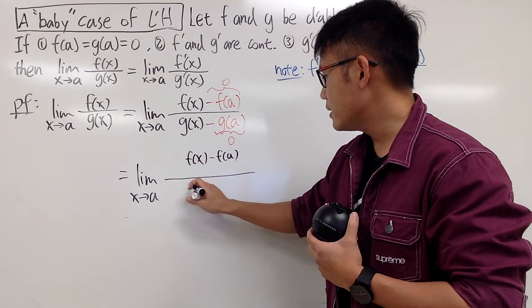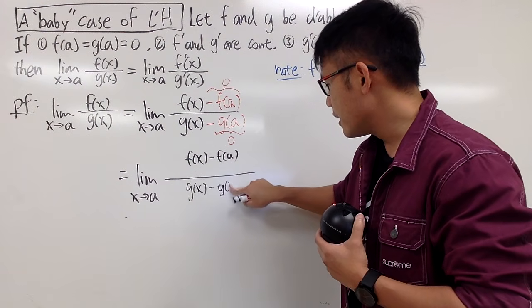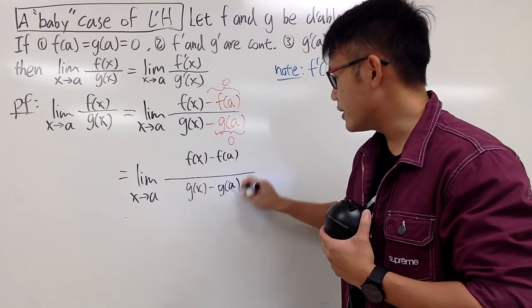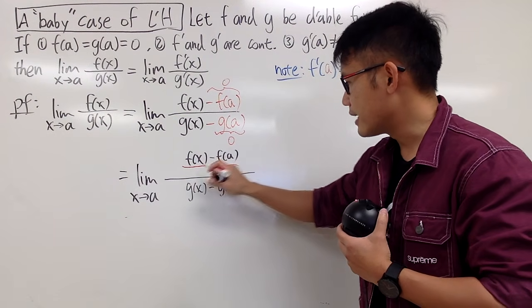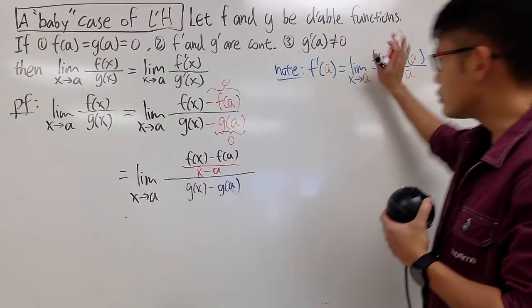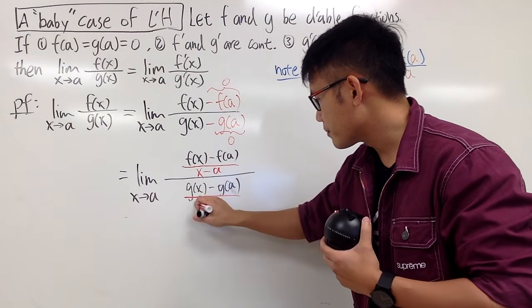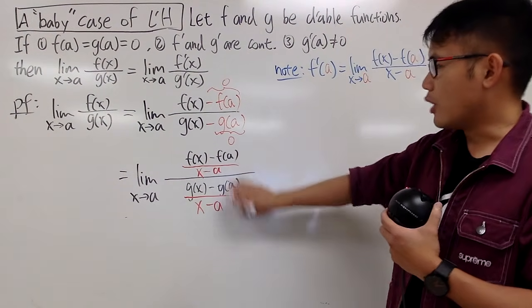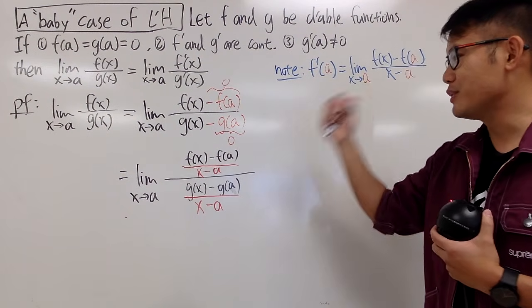And on the bottom, it was g of x minus g of a. And then, as I mentioned, let's go ahead and divide the top by x minus a, because I'm trying to match the definition of f prime. On the bottom, do the same. It's just a whole fraction. We are dividing the top and bottom by the same thing, so of course, it's still the same.